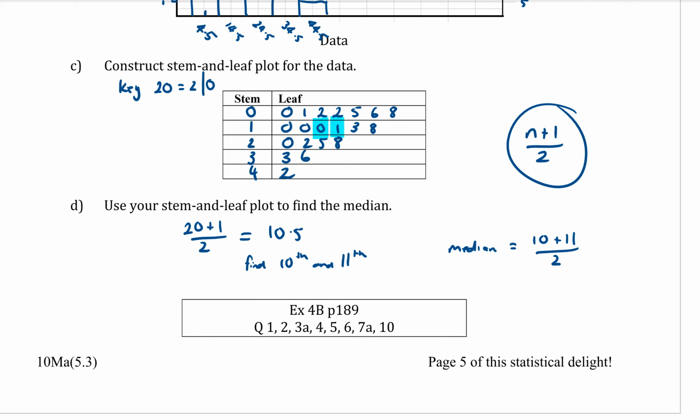Don't forget the stem when you add them. So that's 10 and 11. And you have to divide that by 2. And that is a really bad coincidence. So that equals 10.5. Because that was the same as that. That was a big coincidence. That shouldn't always happen. So you need to have a start on 4B for a little bit of homework, please.